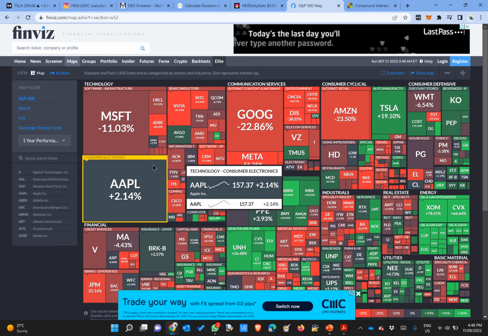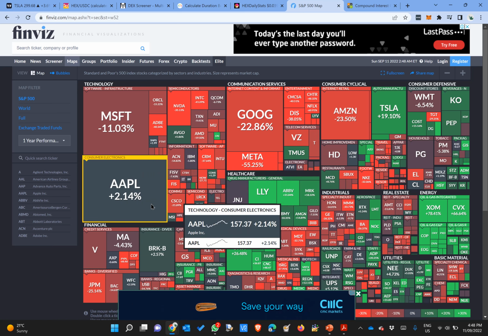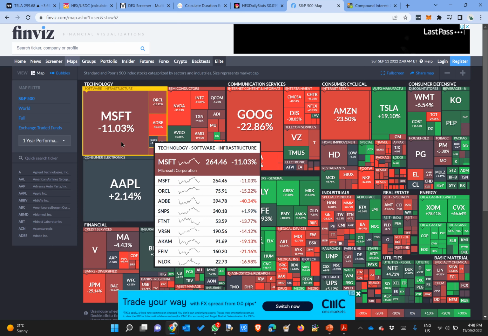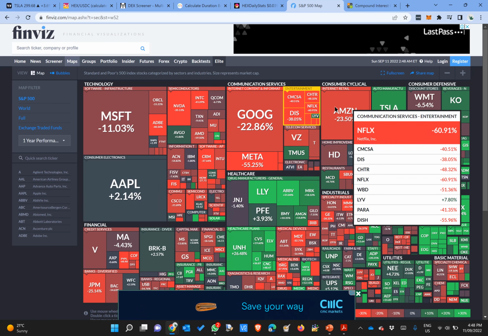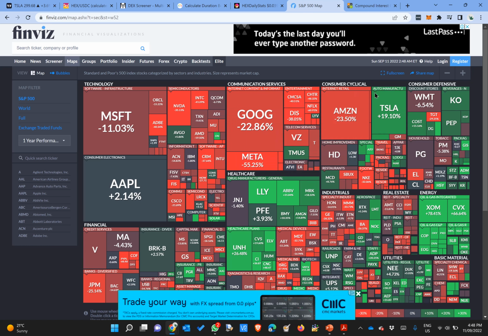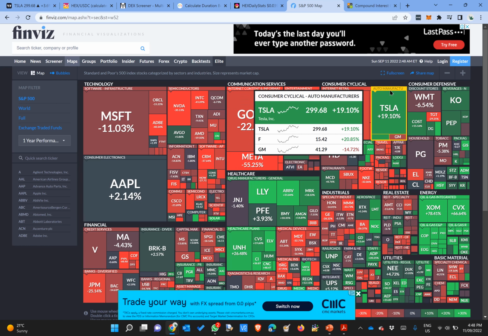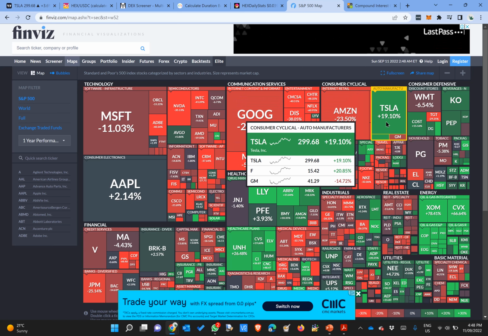So we can see that Apple, being the largest, is 2.14% up. Microsoft, Amazon, Google, they're all minuses. So Tesla is the only one that is doing fairly well, 19.1% up in the last year, last 365 days. So this is a good time to pick the winner.